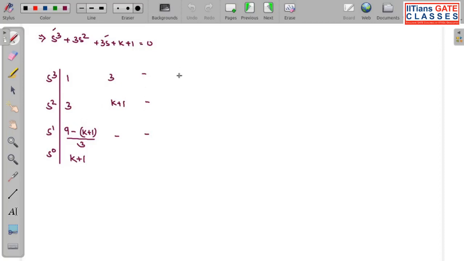For getting poles on the imaginary axis, you should always remember there should be a row of zeros at an odd power of s. Okay.